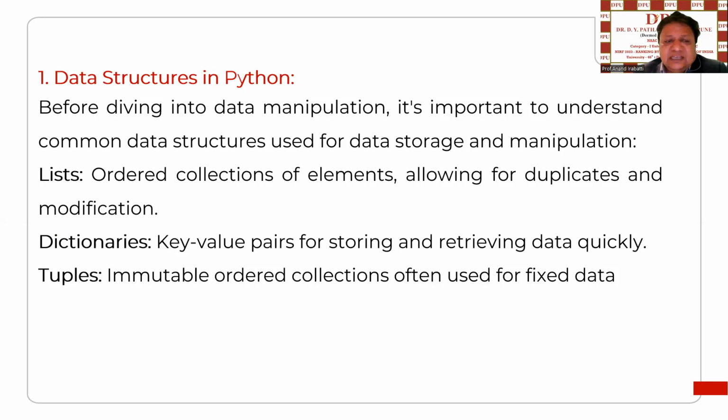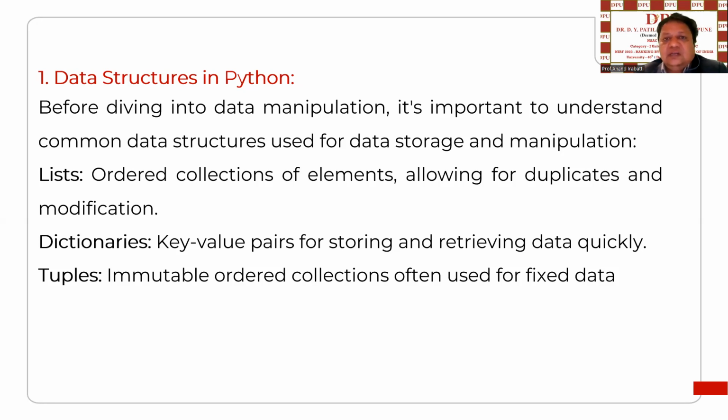Next data structure is the dictionary. If you want to store values in terms of key and value, I can use the dictionary data structure, where you can store values as key-value pairs for storing and retrieving data quickly. The next data structure is a tuple. Tuple and list are the same, but a tuple is immutable.